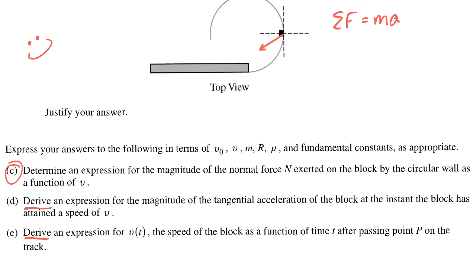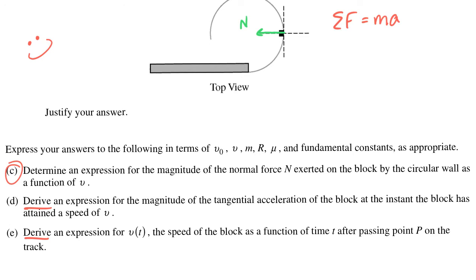And only the part of the force that's causing it to travel in circular motion is the normal force. So when we look at this, there are two components acting on the system. And the one that matters for it going in a circle is the component in this direction, and that's the normal force.